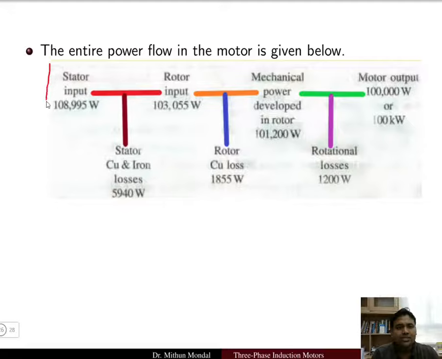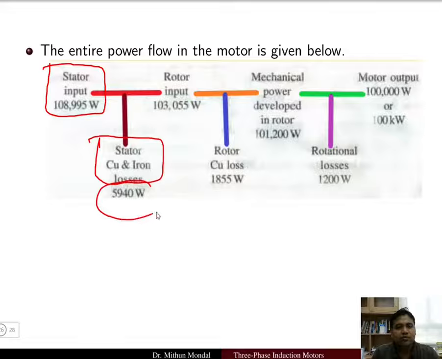We have the stator input first, which is 108.995 kilowatt. Some amount of power goes into the stator copper and iron losses, which is 5940 watt. Then we have the rotor input, which is the output of the stator. The stator output becomes the rotor input, that is 103.055 kilowatt.